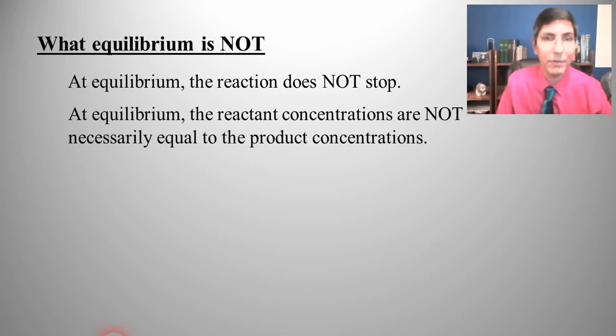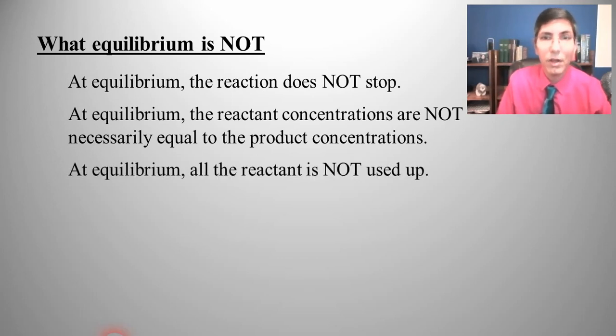That normally doesn't happen. At equilibrium, all the reactant is not used up. And so there was no side that had a 0 and a 300 at the equilibrium part of the dance, right? We can expect the same thing at chemical equilibrium. We're not going to have a zero usually on any side of the arrow.